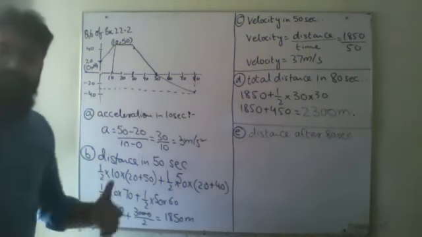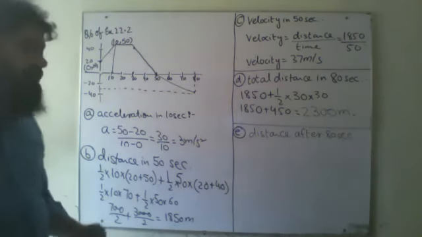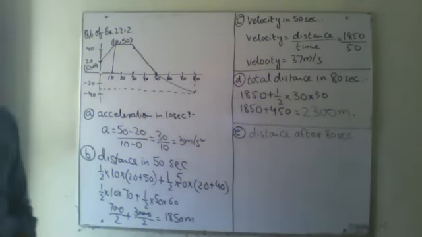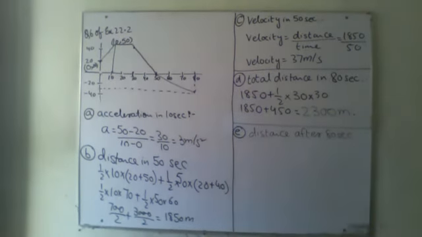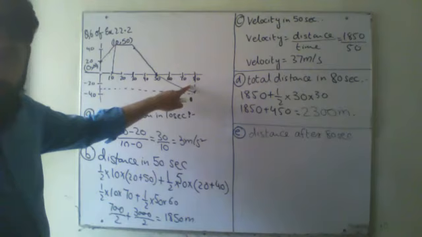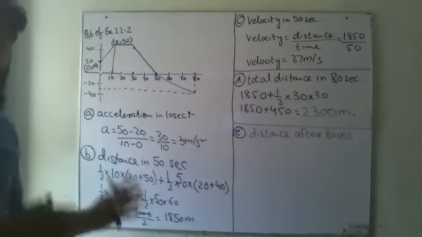And we have read in exercise 22.1 that when in this motion the velocity is becoming 0, it means the body has taken a U-turn. So how much distance will the body be covering when it has reached 80 seconds?